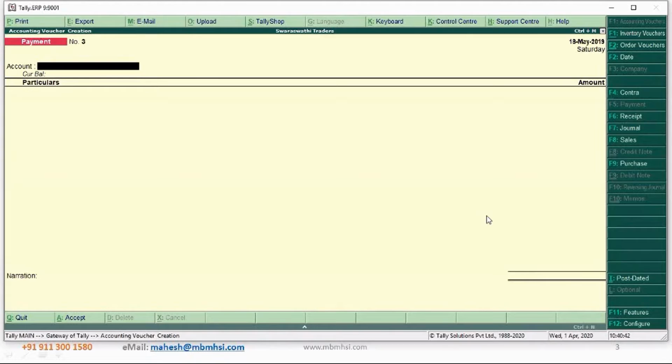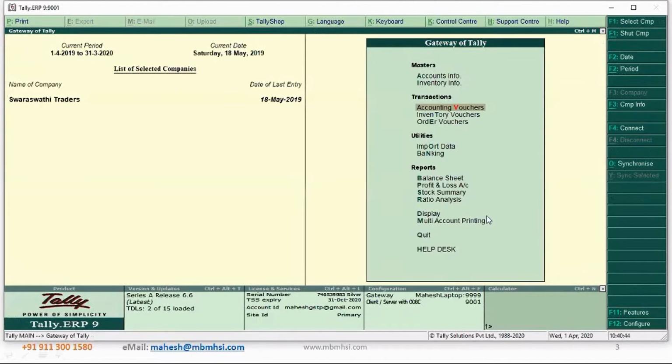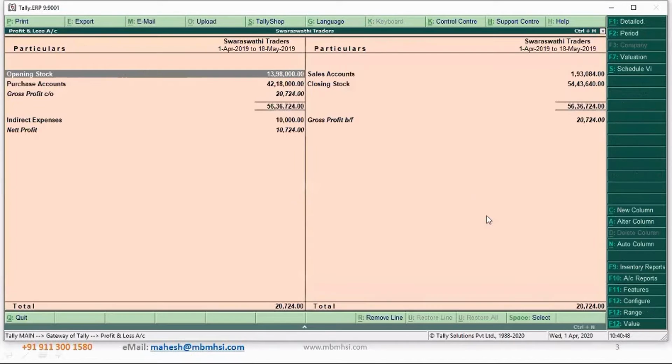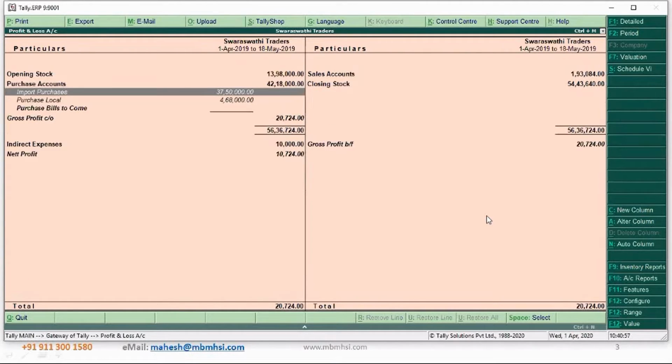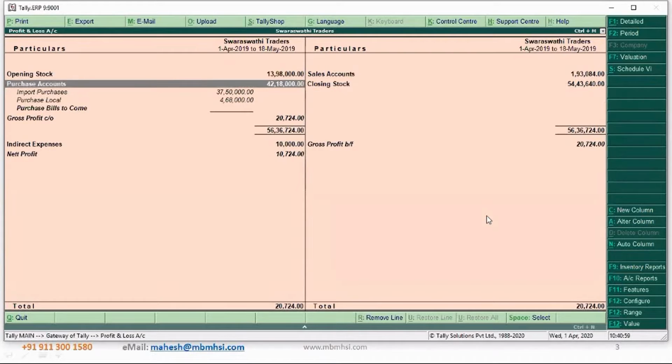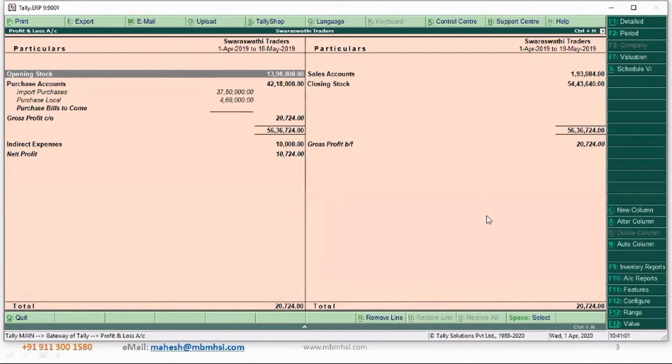Purchase value was 37,50,000 and payment is 39 lakhs, right? If you look at your purchase value, it is 37,50,000, but for the supplier, we have paid 39 lakhs.